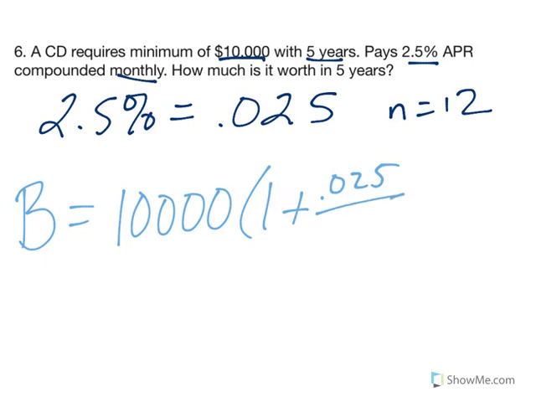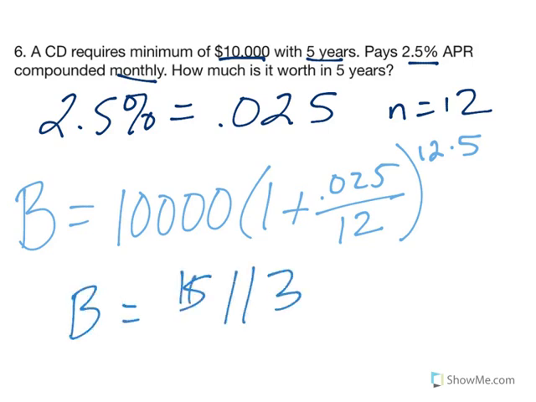There's my rate over my n, and then I have n times t. T is 5 years. So you'll notice, compared to the last one, this one has a much higher interest rate, and we're compounding more often. So we definitely should have a higher balance, and we do. Our balance turns out to be $11,330.01, I believe, if I can write.